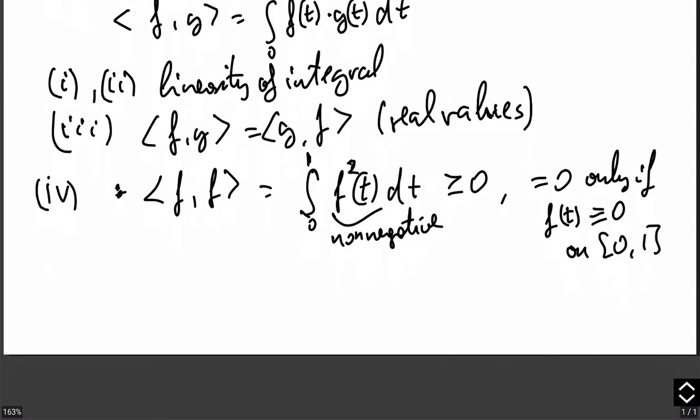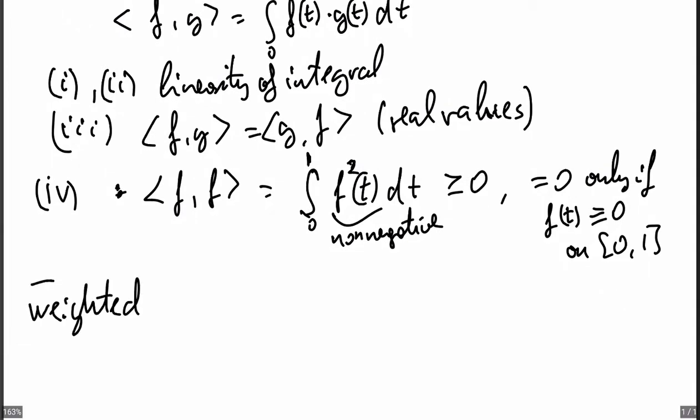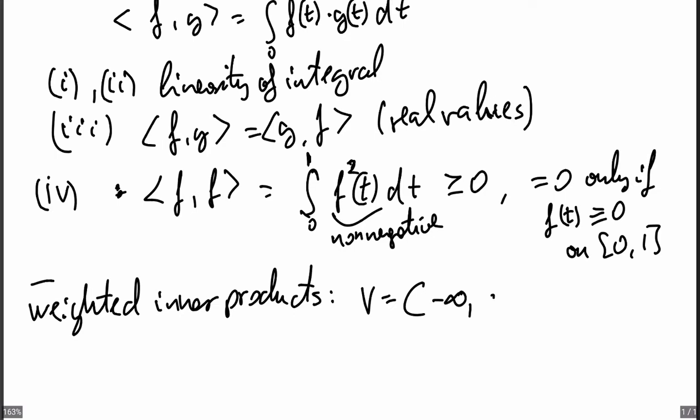Let me mention that there are also so-called weighted inner products. Here, the vector space is the space of continuous functions, but not from 0 to 1, but from minus infinity to infinity, which is also many times denoted as the continuous functions over the whole real line.